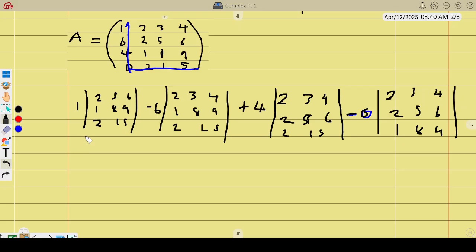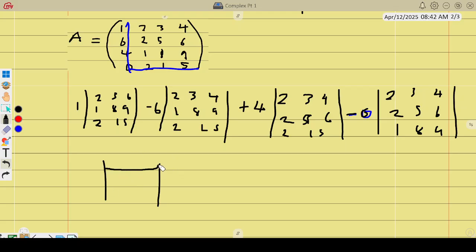So now from here we have a 3 by 3. This is the common thing whereby they'll ask you to find the determinant of a 3 by 3 matrix.